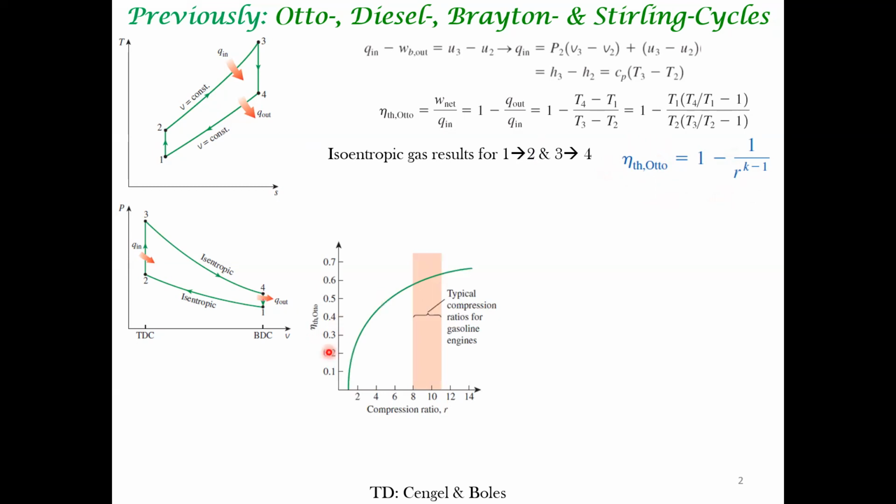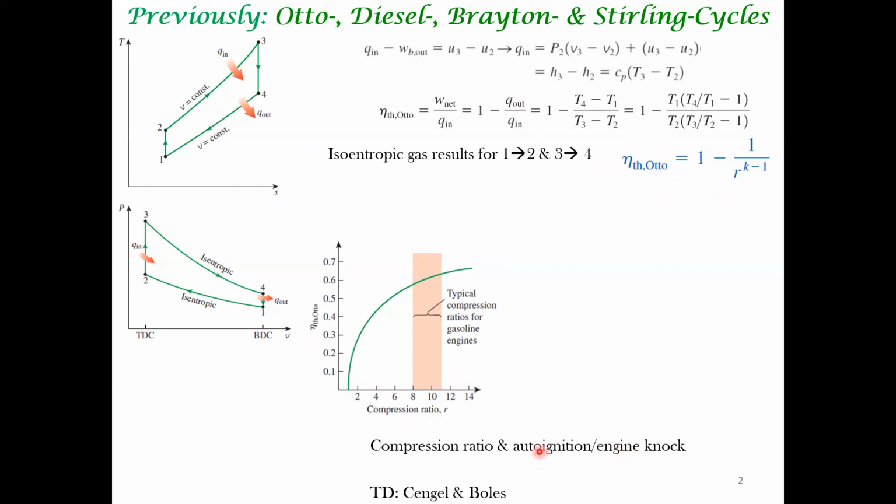Then you can plot the efficiency as, in this case, a function of compression ratio for an Otto cycle. However, while you want to increase the efficiency by increasing the compression ratio, there are other associated problems like engine knocking. There can be auto ignition, that is, ignition without the spark plug can also happen.